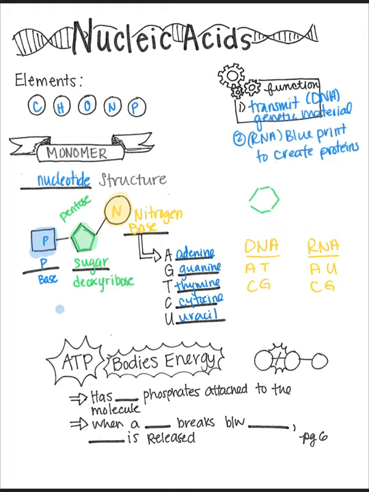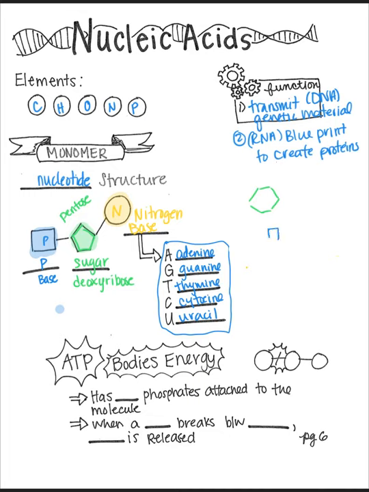So these are the variable parts. If we think about our protein, this is the variable part for nucleic acids. And this is going into a little bit too much, but the way that these DNA molecules actually bond together is through a stepladder motion.